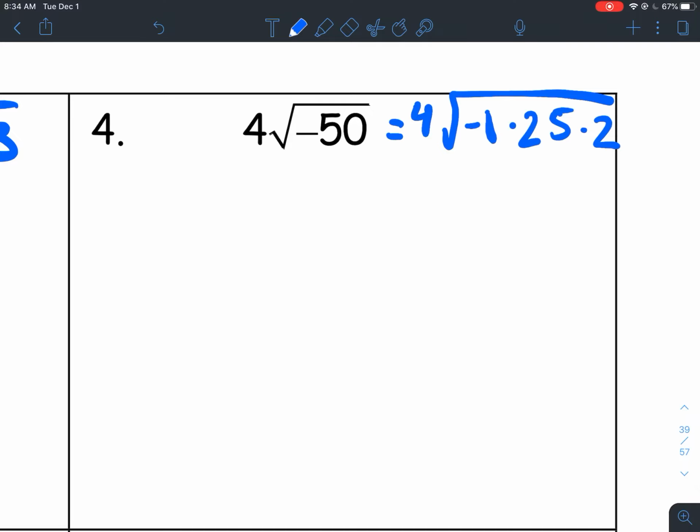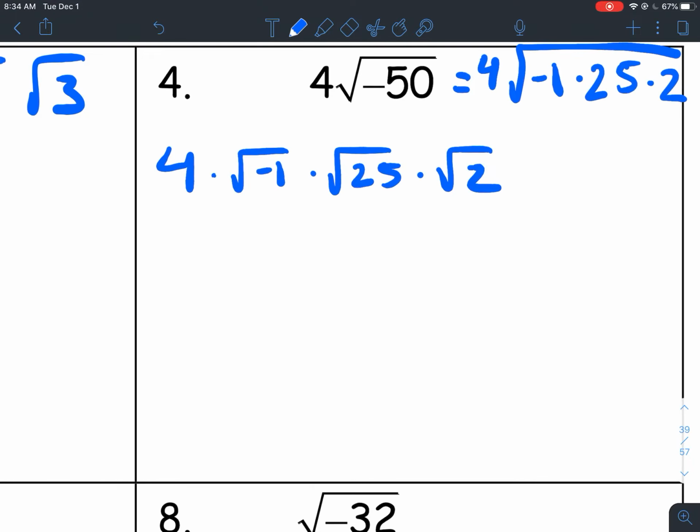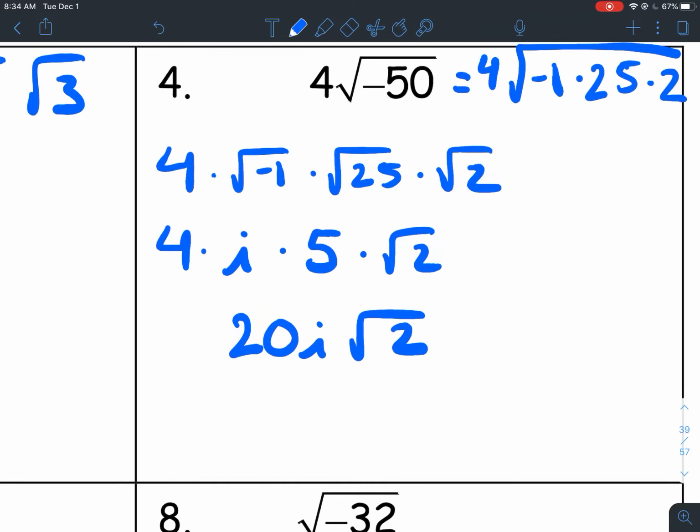So then we've got 4 times root -1 times root 25 times root 2. This root -1 becomes an i, root 25 becomes 5, and root 2 stays there. We're going to multiply, so we end up with 20i root 2.